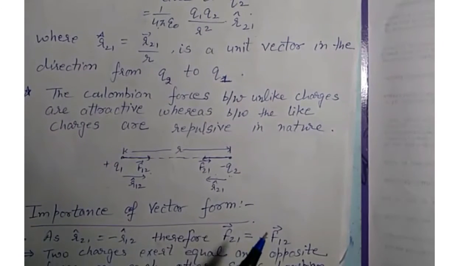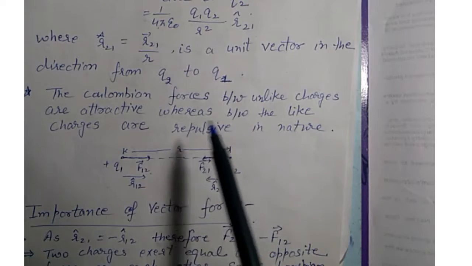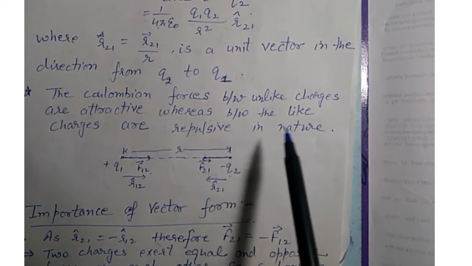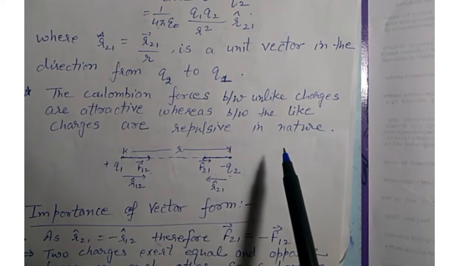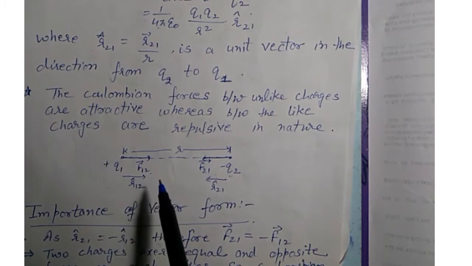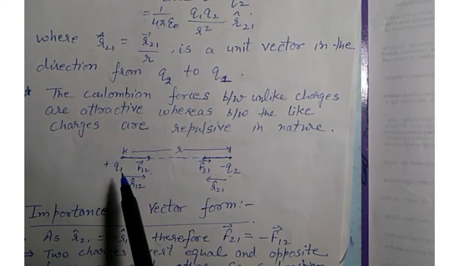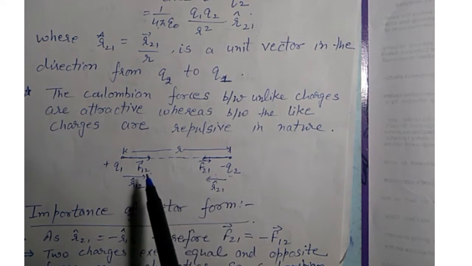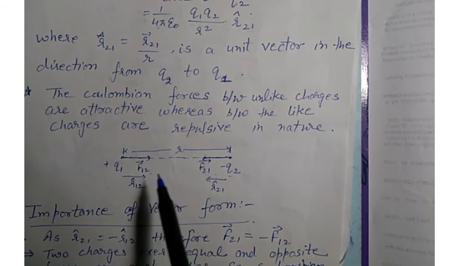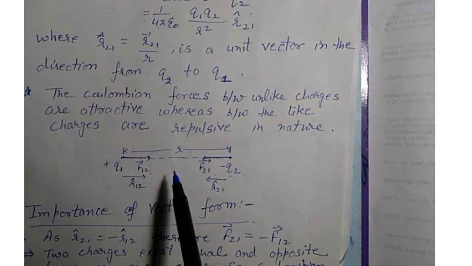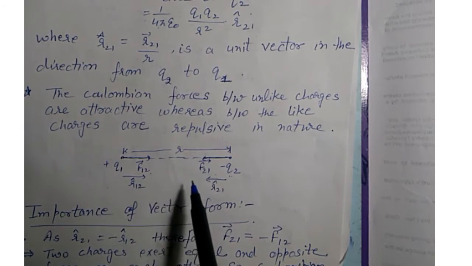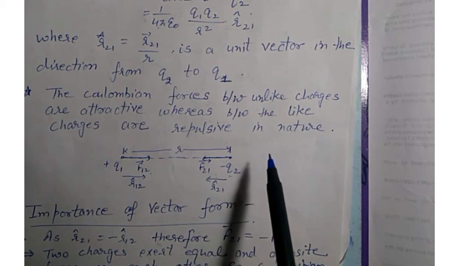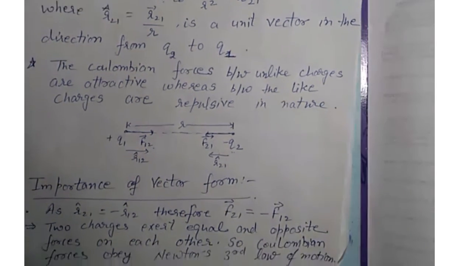The Coulomb force between unlike charges is attractive in nature, whereas between like charges it is repulsive. In this example, Q1 is positive and Q2 is negative, and the forces are directed inwards, towards the center. So this is an attractive force, but in the previous case the forces were outward along these directions.